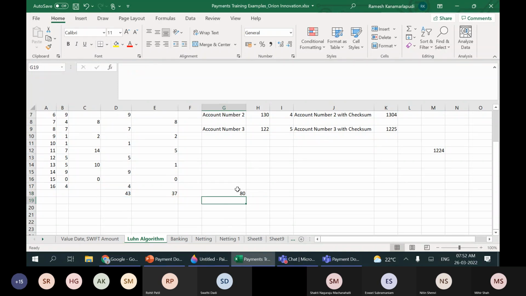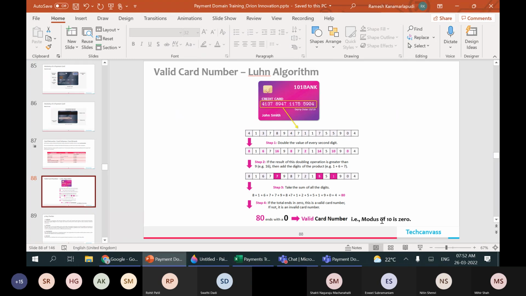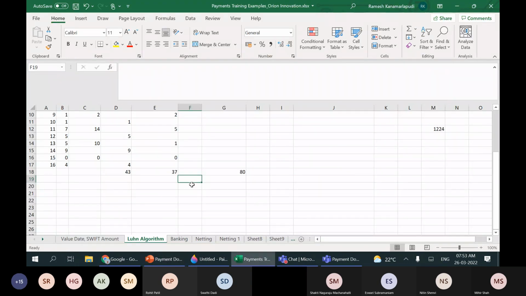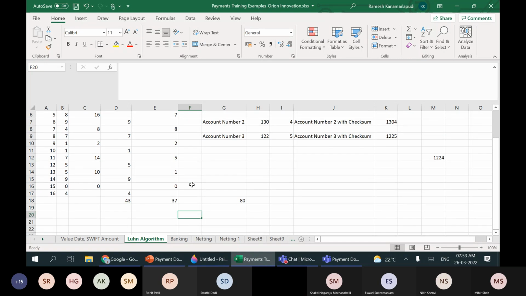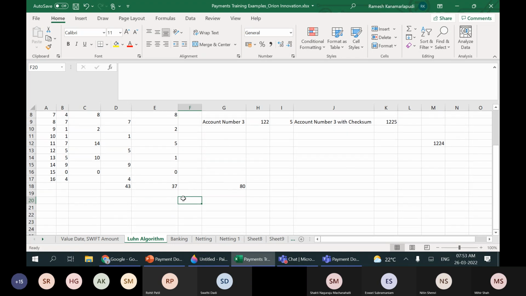If it is divisible by 10, then the card number is correct. Similarly, to find the checksum digit, we do the reverse. This mechanism we call the modulus of 10 mechanism. The modulus of 10 should be 0 for the summation of the numbers we have taken. Then we call the credit card number a valid number.